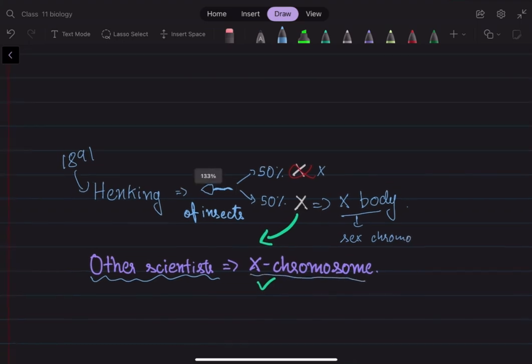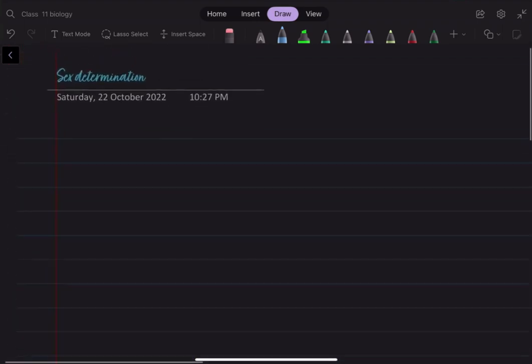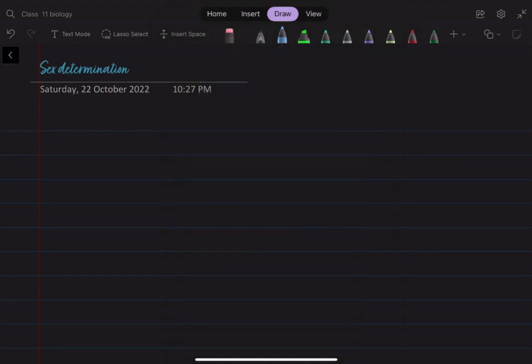So why did half of the sperms have this and the other half did not have it? To understand this, first let's take our own example. Let's see the sex determination in humans. In humans, you know that we have 23 pairs of chromosomes, right?